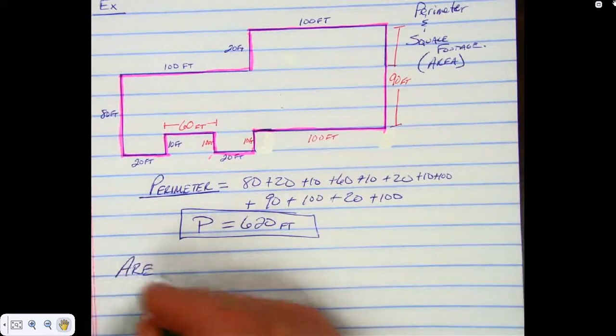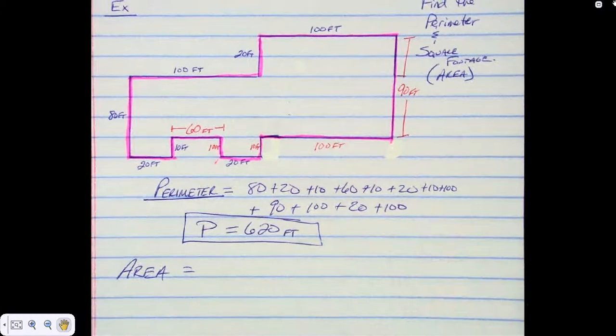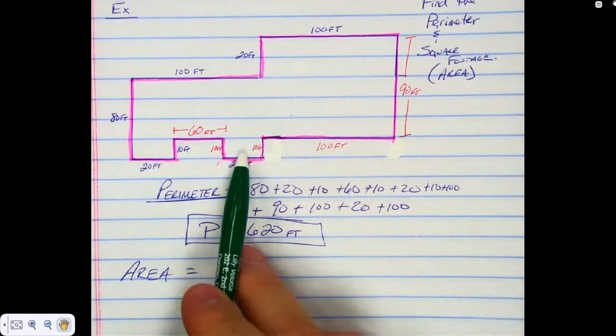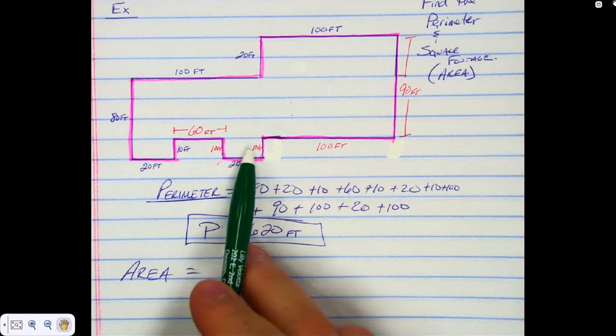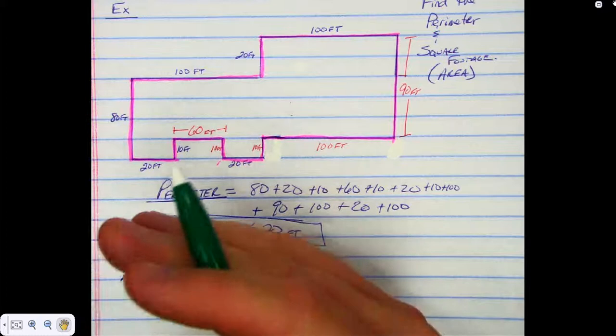Now, here's the kicker. And you could have different ways to do this. How in the world am I going to find the area? Do we have a formula for something that looks like a dog with a big square head with two sets of legs? No. I was trying to figure something I could use to describe that. We don't have a formula for that, do we? No. So break it up, this is part of the problem solving.